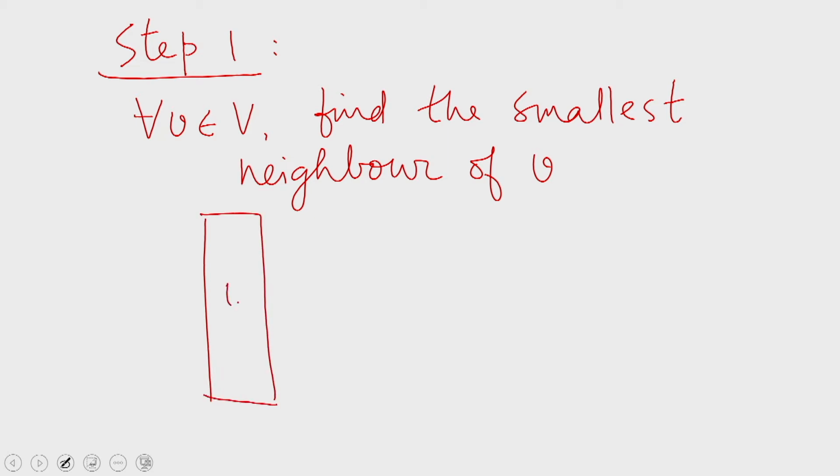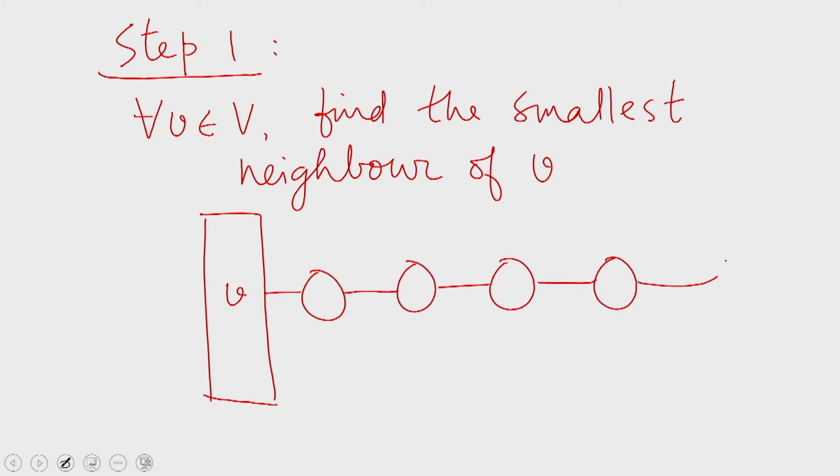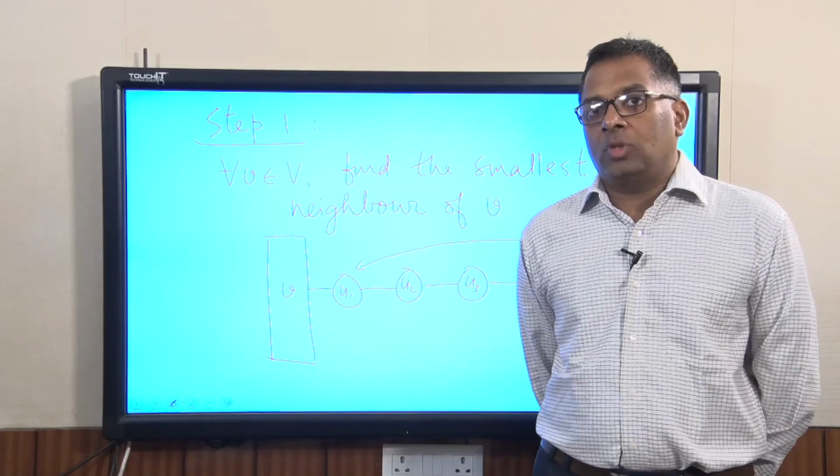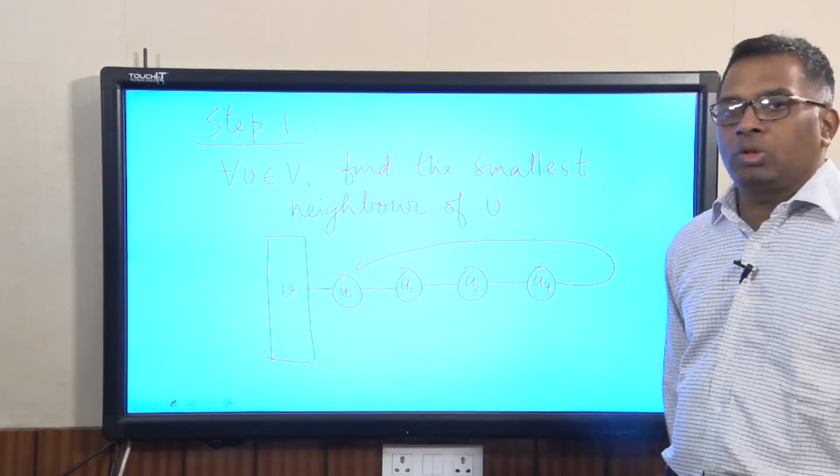So, for each vertex V, we have this adjacency list. Let us say these are the neighbors of vertex V. From the pointer jumping algorithm, we know that when we have one processor per every node of the list, then we can use pointer jumping to essentially compute a prefix sum over some initial values that have been distributed over the vertices.